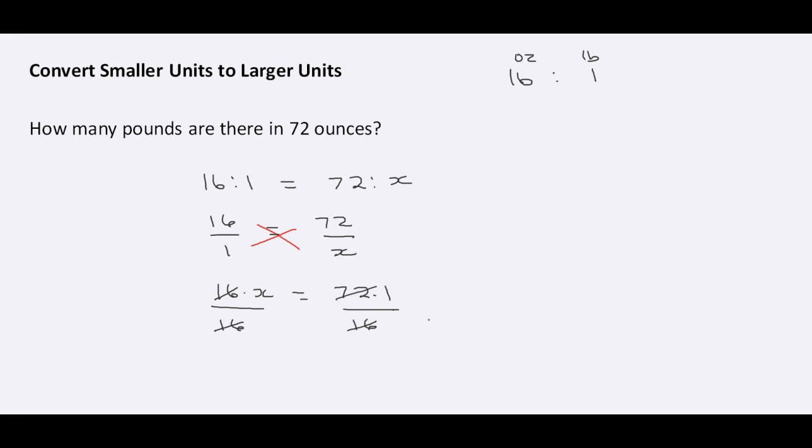Let's divide by 2. We have 8, and then we have 36. We can divide by 4 here. We have 2, and then we have 9. So now we can say that 72 ounces is equal to 9/2 pounds, which we can also say is 4.5 pounds.